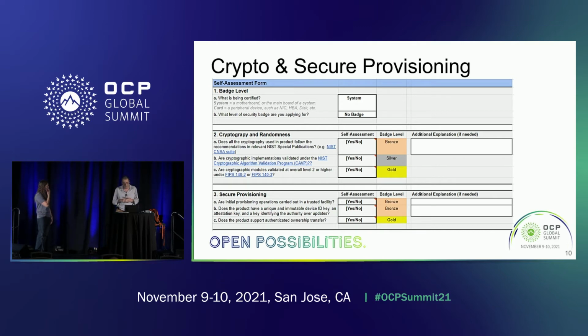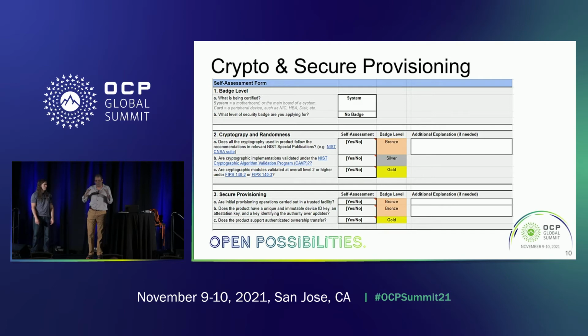So it starts with what are you certifying? And you basically can certify at OCP one of 2 things. You can certify a motherboard or a platform, or a main board of a system, or you can certify a card like a NIC.